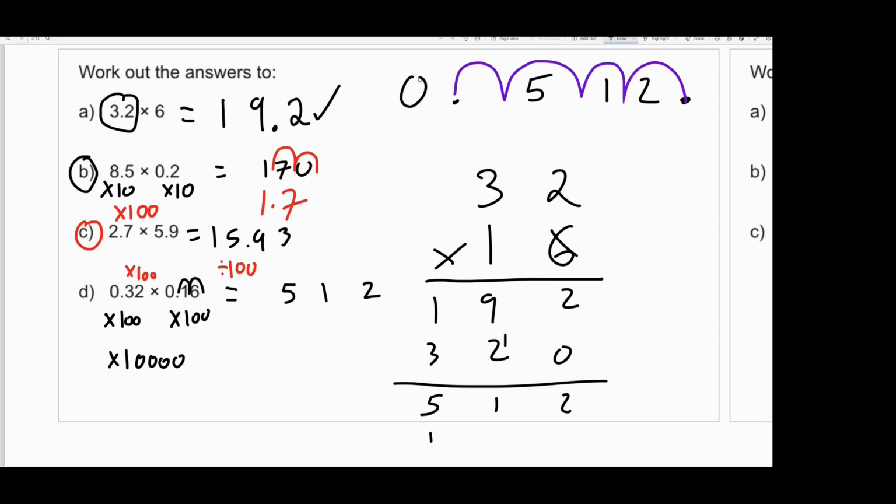So we get 0.0512. Okay. Is that one okay?